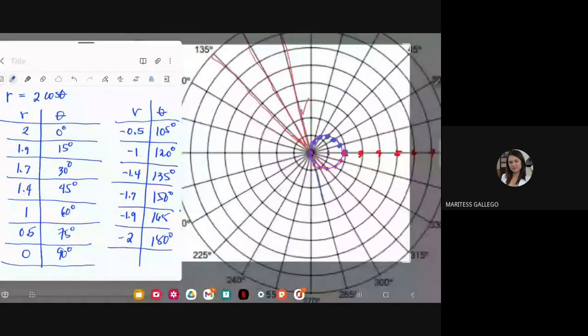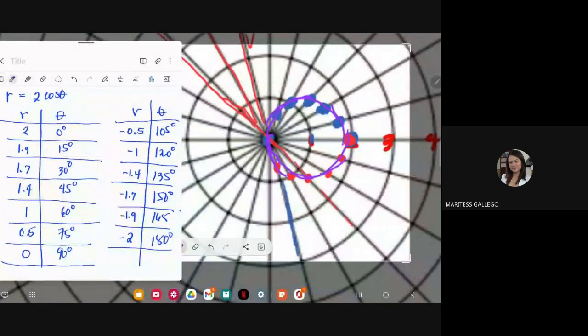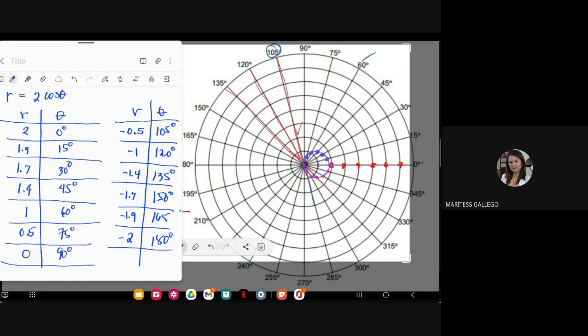Okay. Yan. So, maliit lang yung ating polar curve. Siguro lakihan nyo na lang yung inyong interval sa polar pag nag-graph. Pero ganyan siya. So, ganun yung gagawin lang sa polar. Okay?